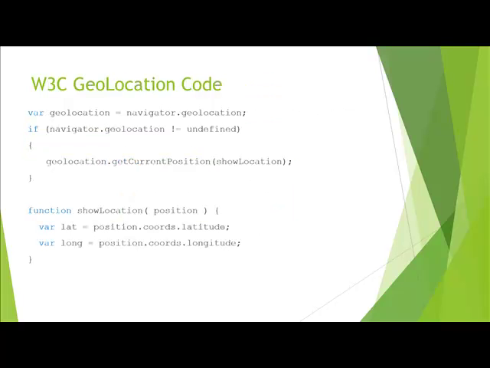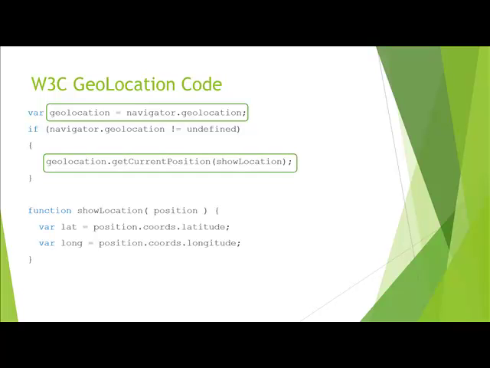For contrast, this is the standard code for getting the user's location from Internet Explorer or any other HTML5 compliant browser. You'll see that conceptually it's very similar. You'll notice that there's a slightly different method to pull in the geolocation APIs.